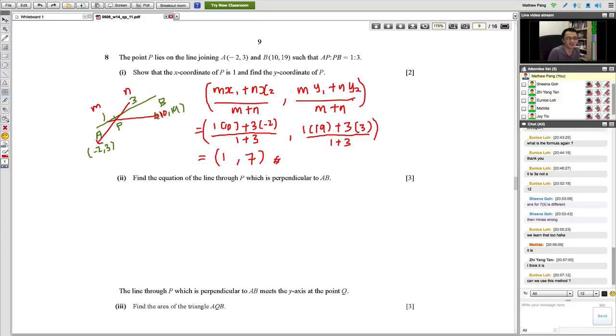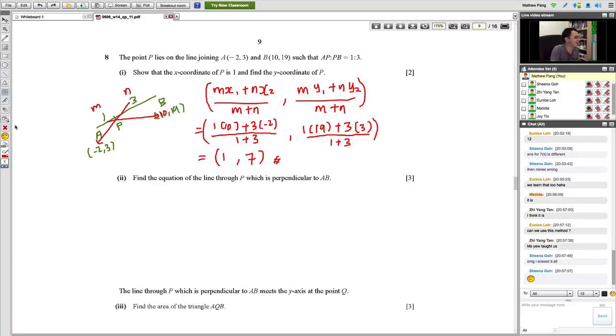Yes, I think you can use this formula. In fact, how they do this is they actually use the vector to do it, which I think Sheena showed me last time about vector methods on doing this one, isn't it? Okay, let's try the vector methods.